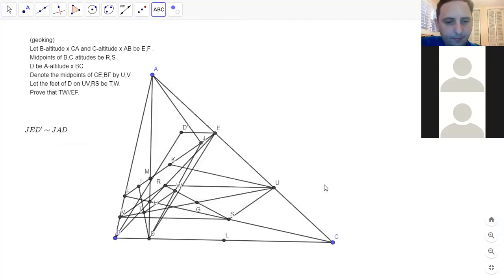That's the first step. Then JD prime is perpendicular to JD.